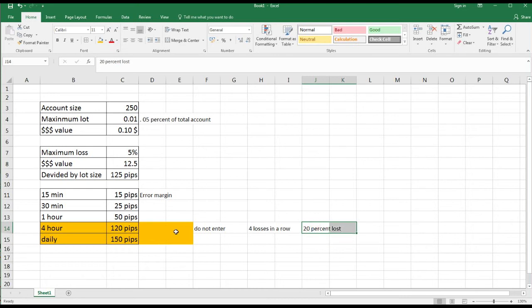So that's why the risk management on 4 hourly trades on such a small account is almost impossible to achieve, which is the biggest problem. And over here, the max loss on a daily trade would also be impossible.